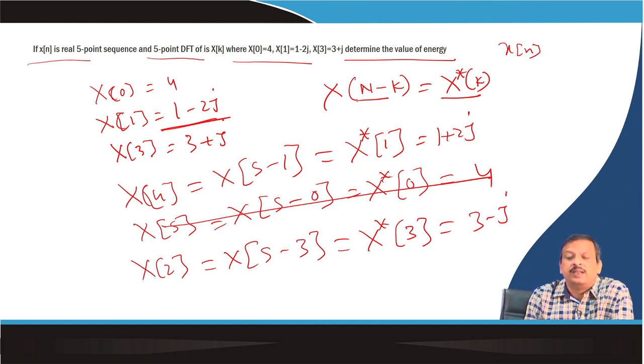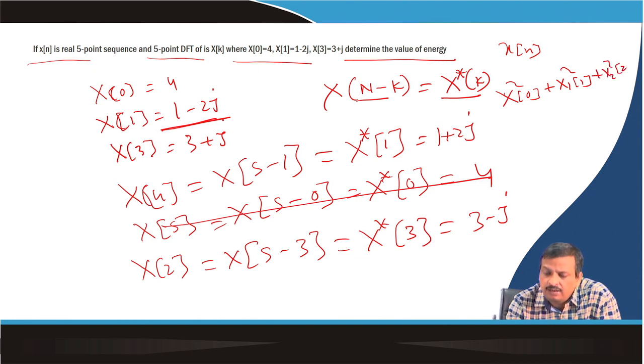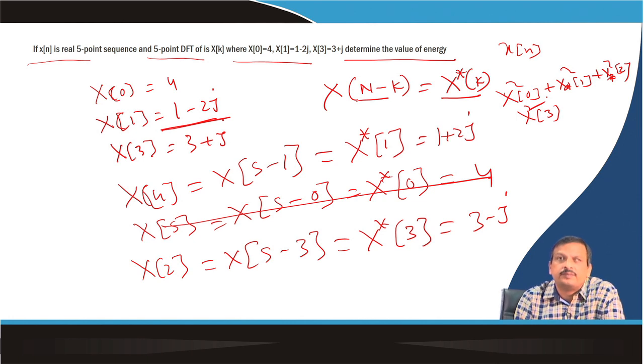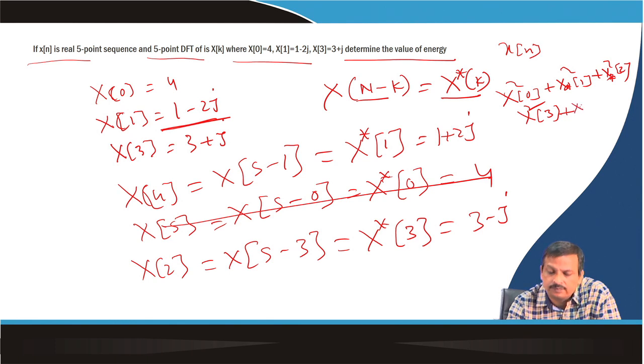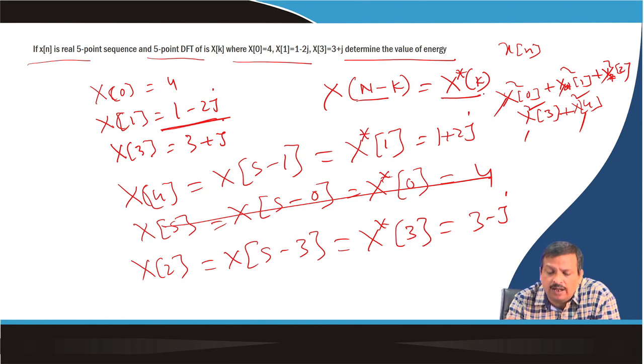Now, what is energy? Energy is nothing but X0 square plus X1 square plus X2 square plus X3 square plus X4 square. It is a 5-point DFT, so 1, 2, 3, 4, 5 components are there. Since the DFT is magnified by a factor of N, I have to divide it by N. N is 5.